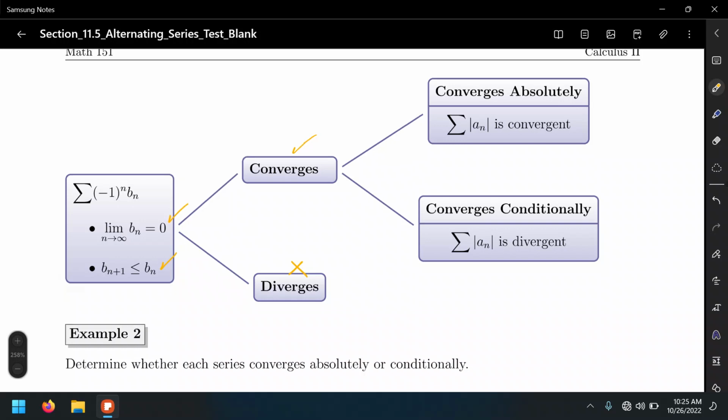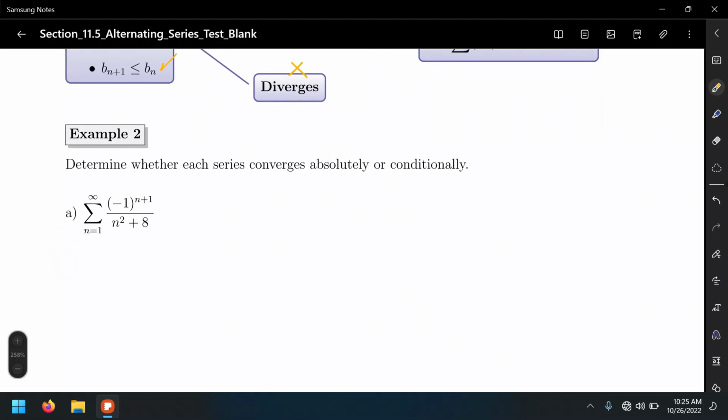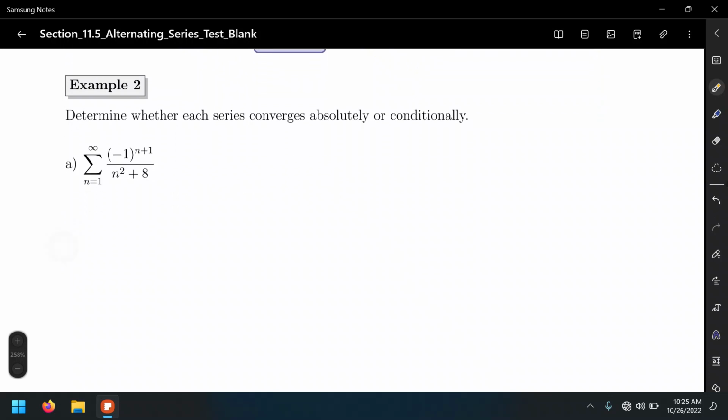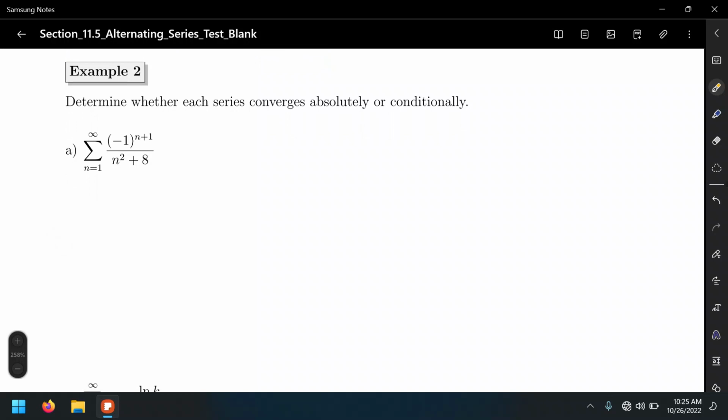Okay, so let's have a look at some examples checking for absolute convergence. We have another series, sigma n equals 1 to infinity of (-1)^(n+1) over n squared plus 8. Number one, we have to check whether the series converges first, because if one of the conditions fails, we're done, like the second example.